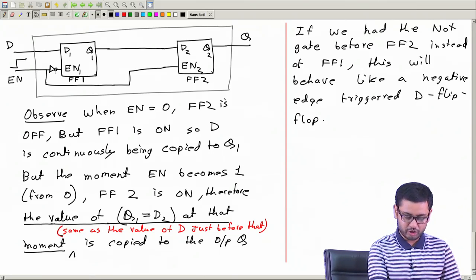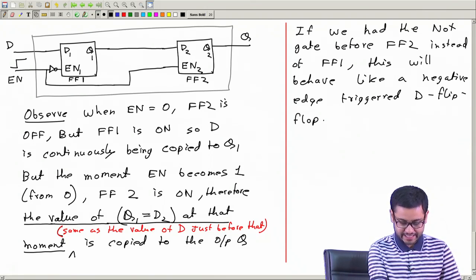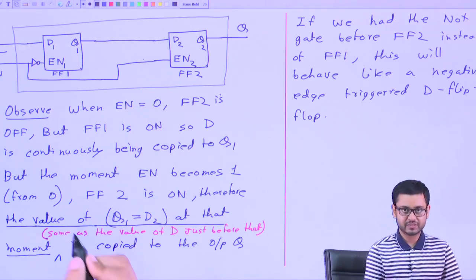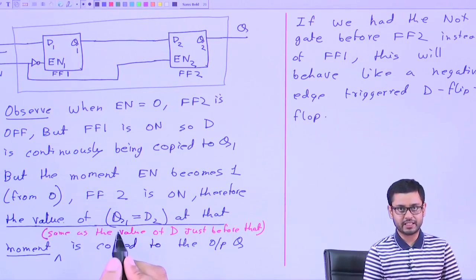So this is a positive edge triggered. If we keep this connected directly and put the NOT gate here, then that will behave like a negative edge trigger. Thank you.